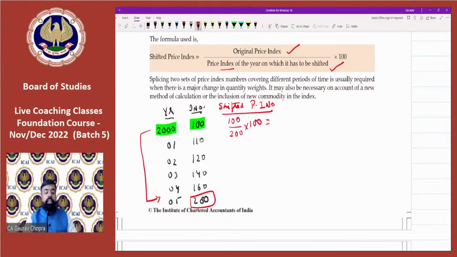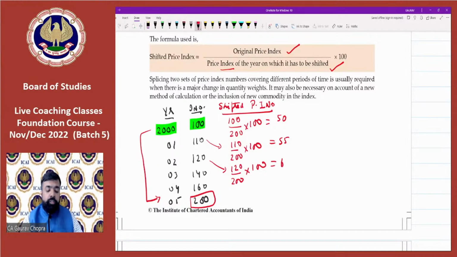And now we can see how much we are getting. We are getting 50. Similarly, for the second year, 110 upon 200 into 100, 55. Then for next year, 120 upon 200 into 100, we are getting 60. So one thing more can be done. It is better to take a ratio, because we know that 100 is the index number for base year and we have to shift on 200.